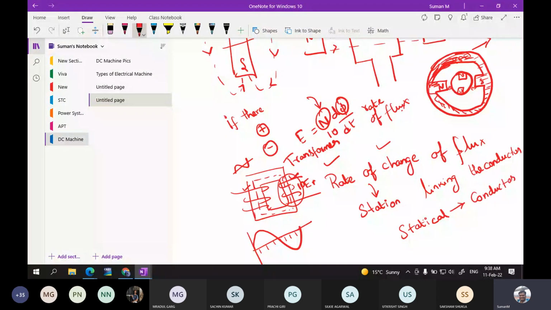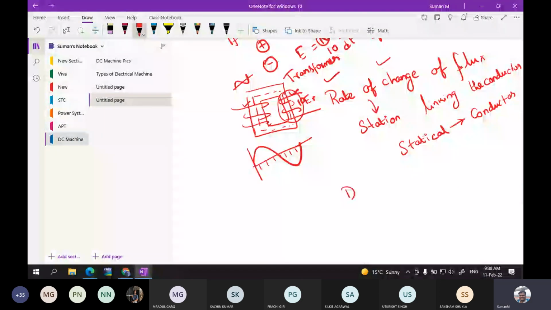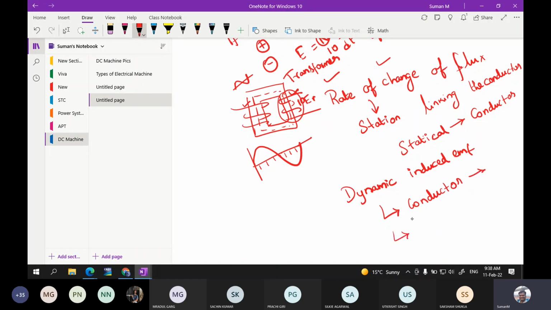There is another way of inducing the EMF, which is called dynamically induced EMF. In dynamically induced EMF, we are going to keep the conductor rotating, and it will be cutting the stationary flux.